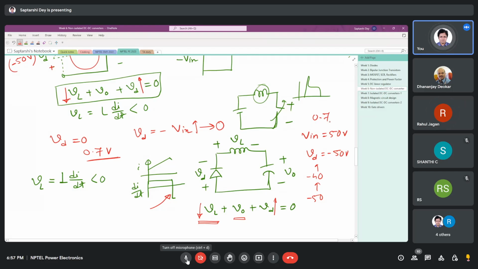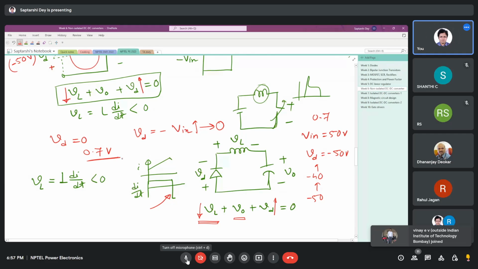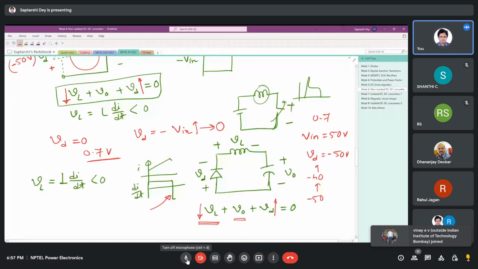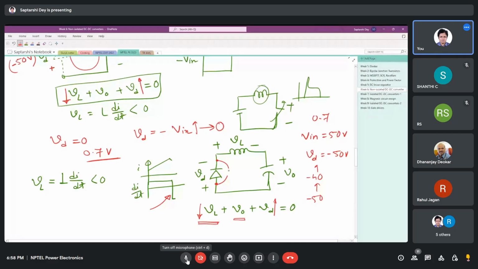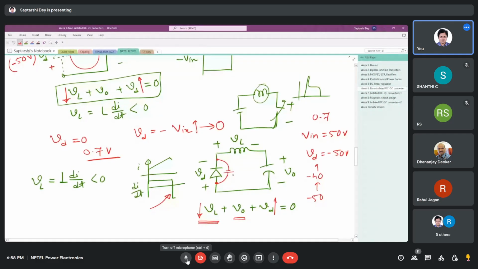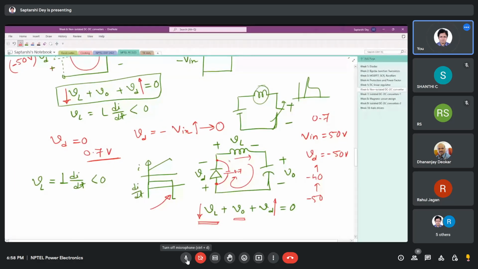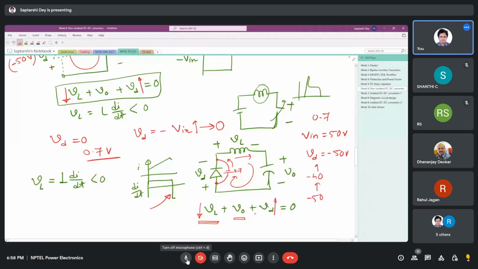As soon as it reaches 0.7, it is turned on. Diode is forward biased. So now this diode is practically short circuited. Or if it is 0.7, we cannot say short circuited. And the current now has a path to flow. Current will flow like this through the diode.